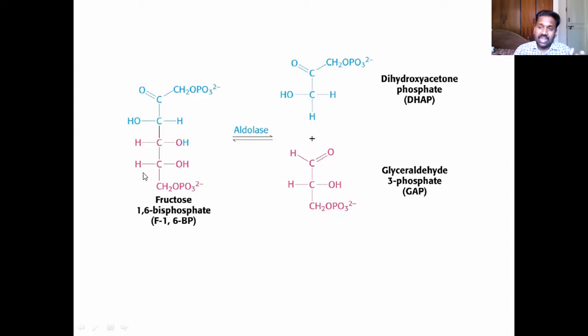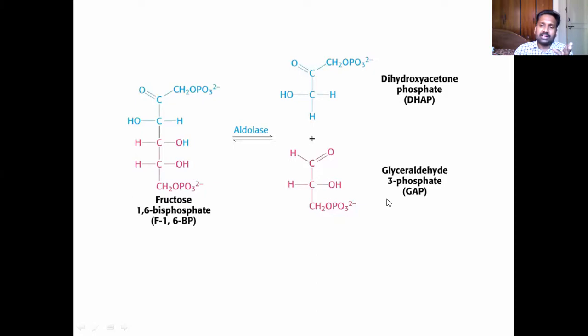The same aldolase enzyme can catalyze this. If these 2 are joining, that is aldol condensation. If this is breaking, it is reverse aldol. Since the enzyme can work in either direction, the name is aldolase.